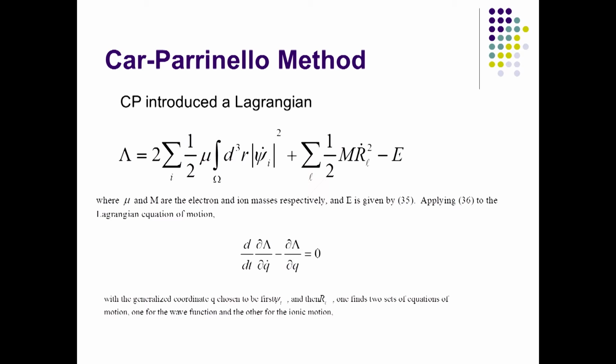However, in this case, now in Car-Parrinello Lagrangian, what they introduced, they essentially had three terms here. One was the wave function term, and the other one was the term for all mass as well as the position of the atoms. So, the position vector, the wave vector, and then the energy.